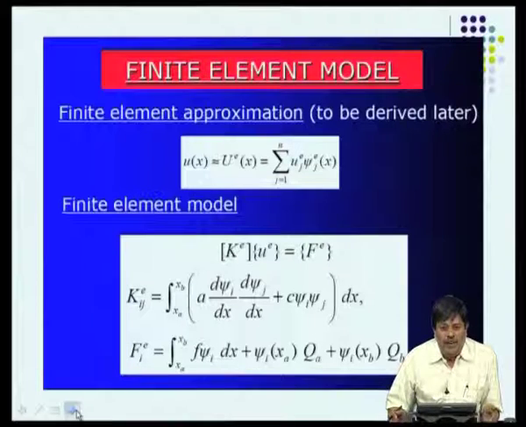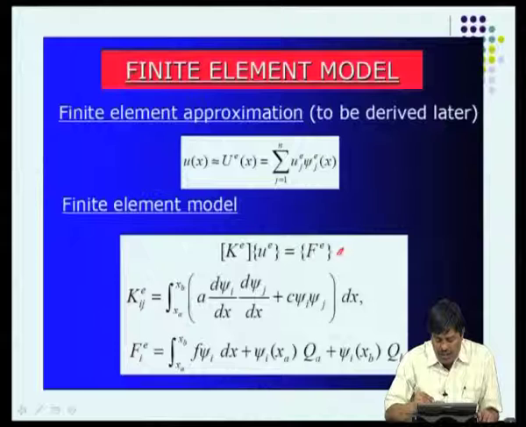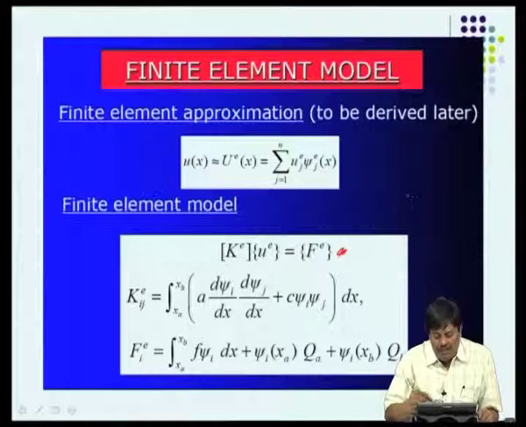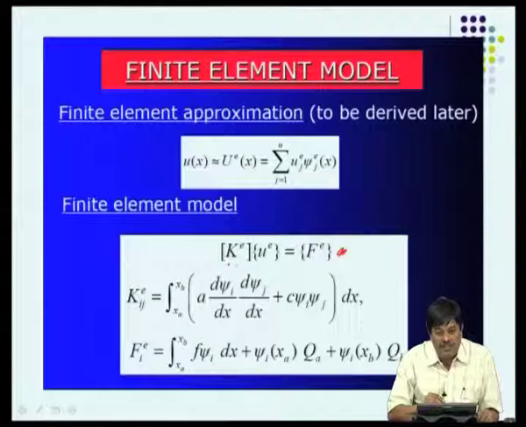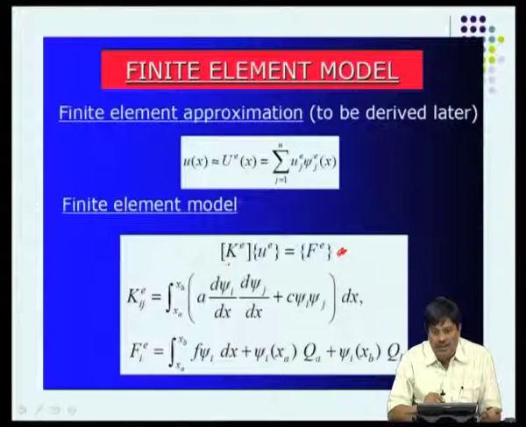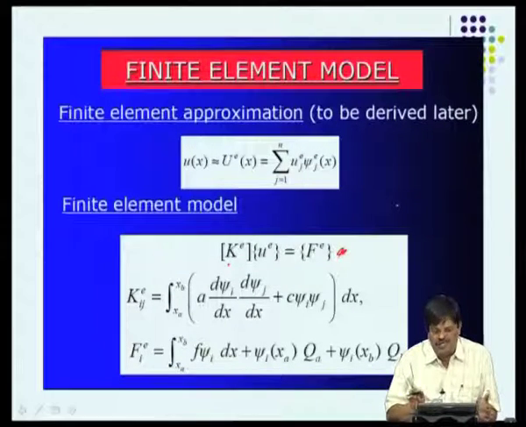So, the finite element model essentially uses this, converts the governing differential equation into algebraic equations. We will go through this motion a little later, how we can construct these elements like stiffness matrix and the force vector from the governing differential equation as we go along. Here we are trying to establish only the theoretical basis of it.